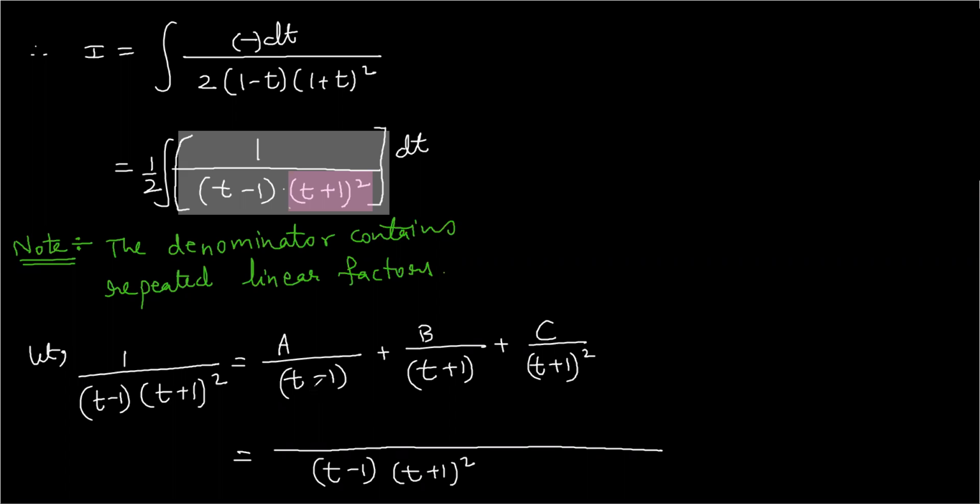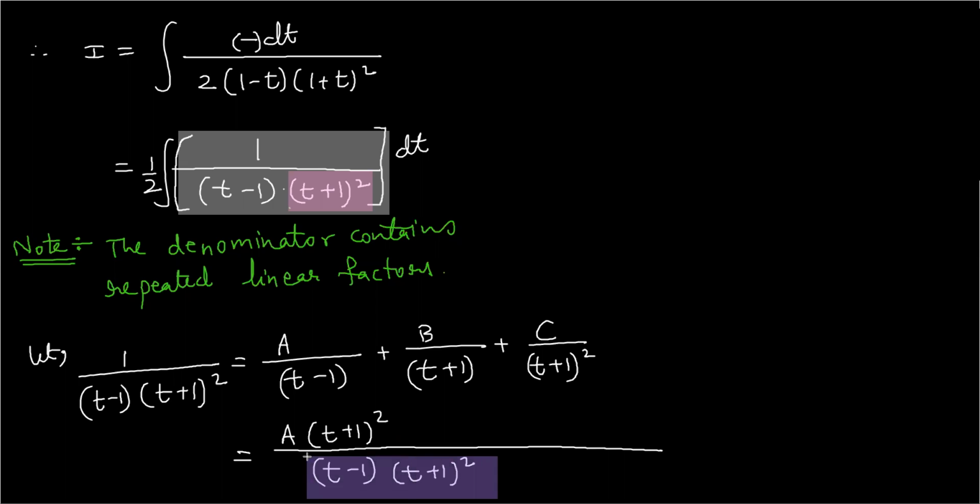This is the LCM of these 3 factors. So what do I get with A? With A, I will get A into t plus 1 square, because the LCM is t minus 1, t plus 1 square. T minus 1 cancels, and I'm left with only t plus 1 square.